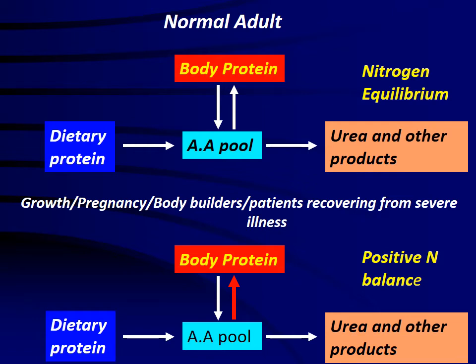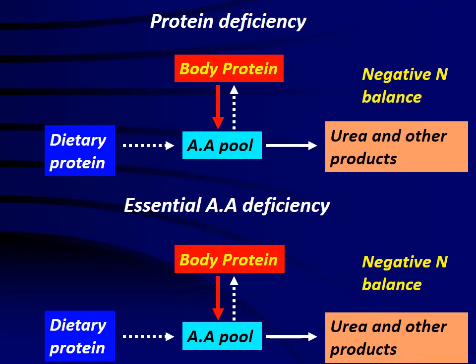Some conditions like growth, pregnancy, bodybuilding, and patients recovering from severe illness are examples of positive nitrogen balance, where nitrogen intake is greater than nitrogen loss.